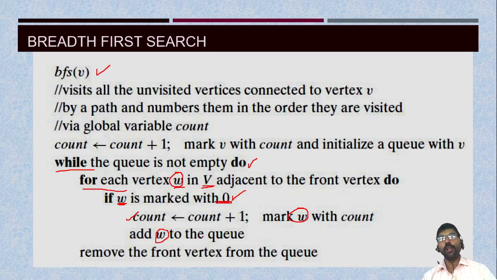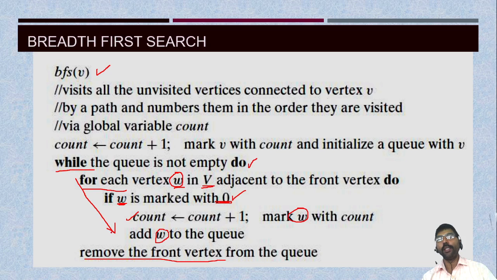Once all the adjacent nodes of the front vertex are added to the queue, we have to remove the front vertex from the queue and go to the next node from the queue. Take the next node from the queue and apply the same for loop again.